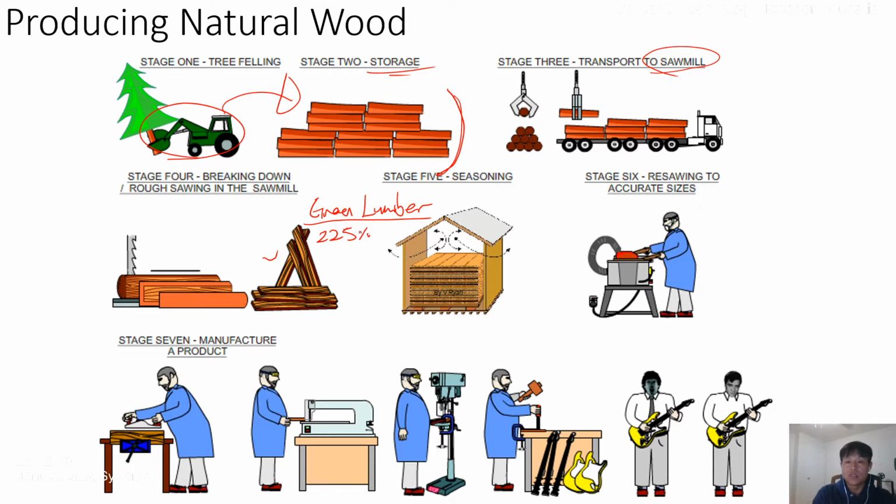The moisture in lumber causes the shape of the wood to change.